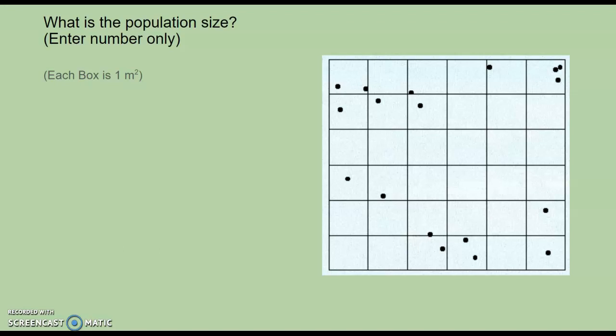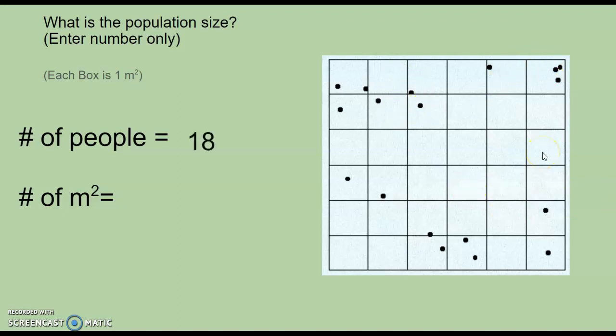So what is the population size? What's my population density of this sample I have here? So each box is a square meter. We need the number of people and we need the number of square meters. So if you were to actually count the dots here, you should get 18.